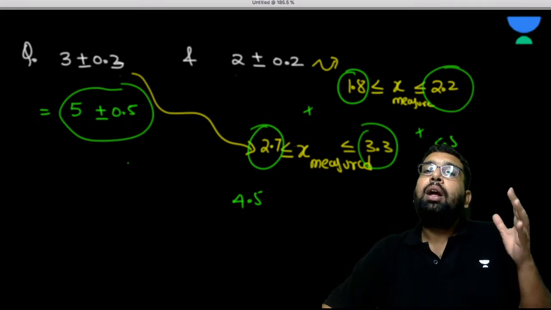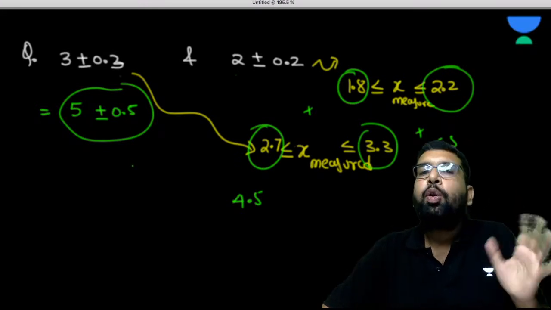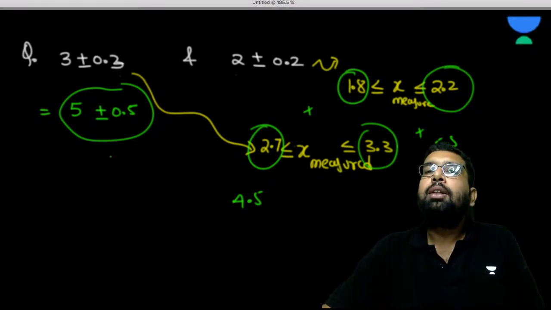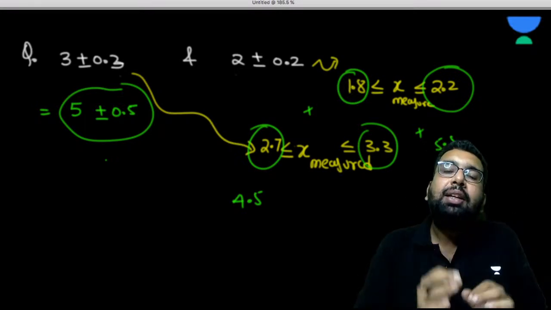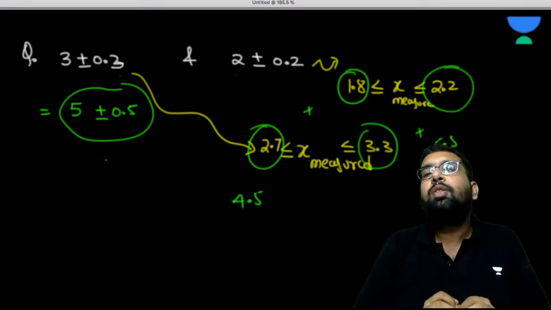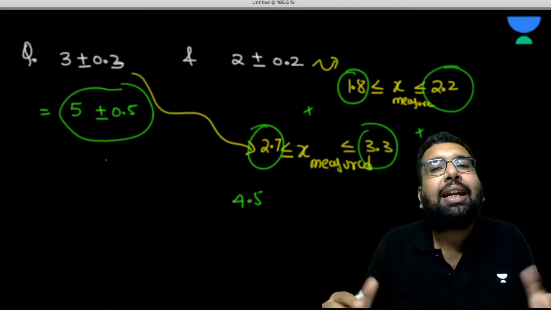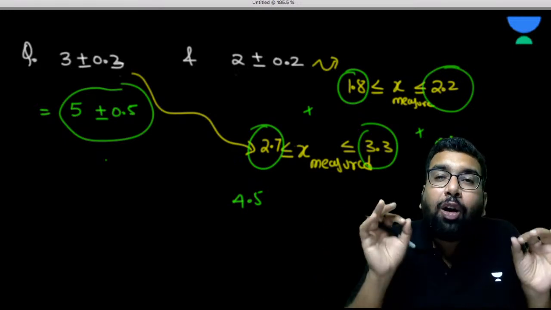And on the negative side, it will be 4.5. So when I write 5 plus minus 0.5, it means the measurement ranges from 4.5 to 5.5. Errors are always added.